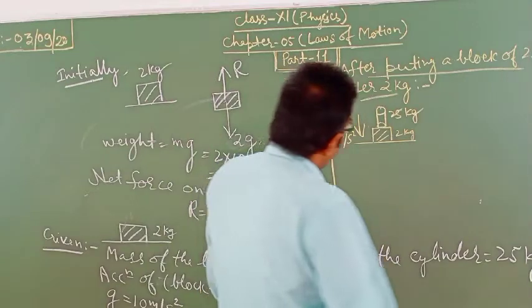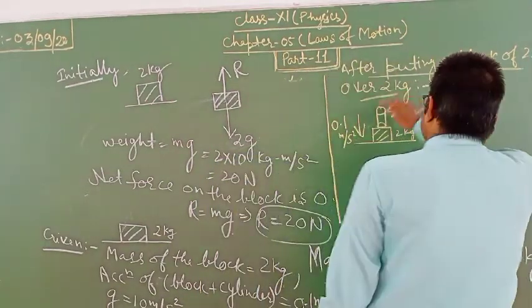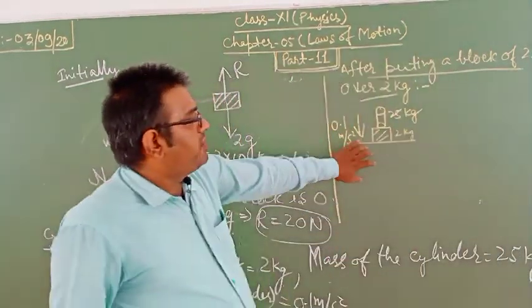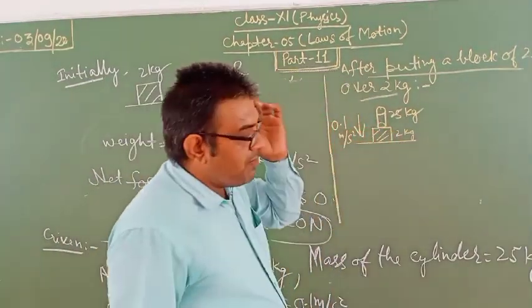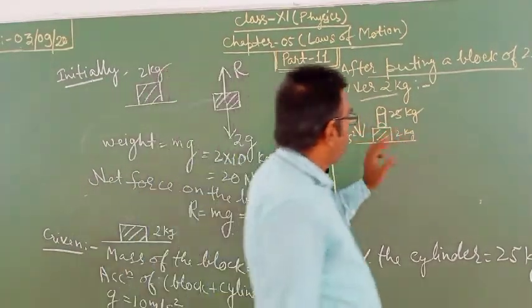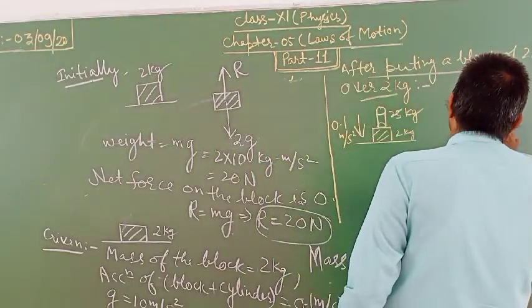Now, drawing the free body diagram for the given system, the masses combined together are 25 plus 2, that is 27 kg.